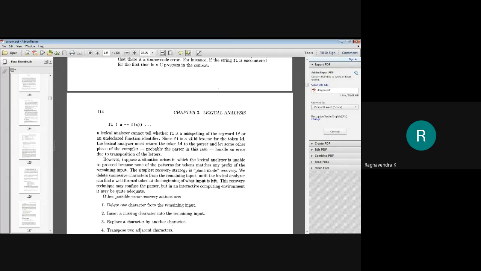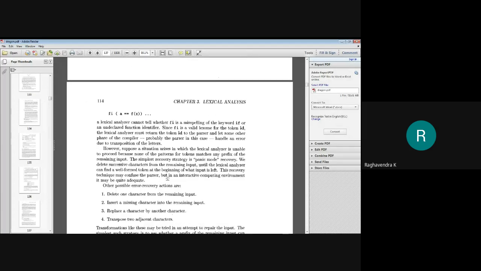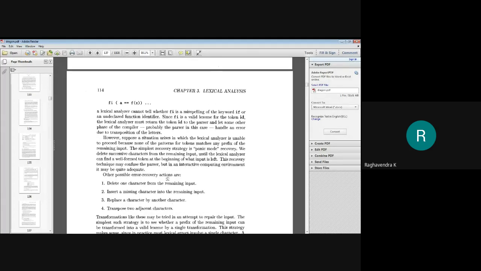Okay, so for example, some lexical unit is actually known. So from there, the lexical analyzer can actually continue. So this is one type of error recovery in which the lexical analyzer actually handles it.